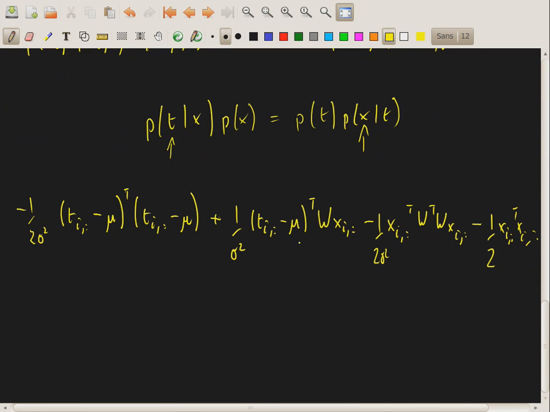Is this term quadratic in x? No. Is this term quadratic in x? Last two. So what's the trick? How do I combine these terms together? What do I need to do to what's in the middle here? I've done this like 3 times.